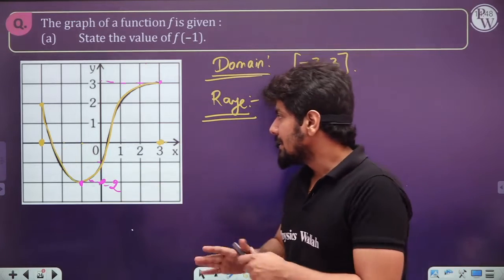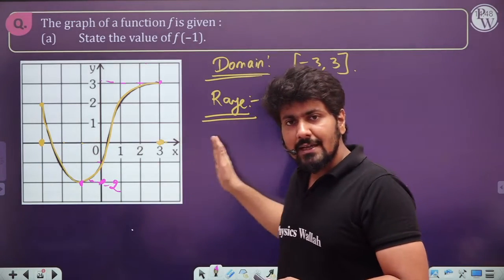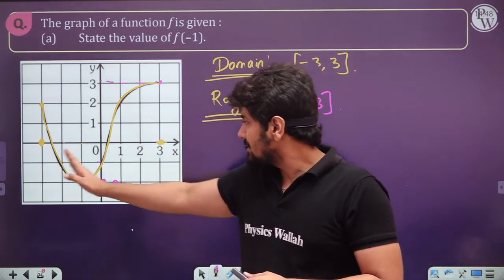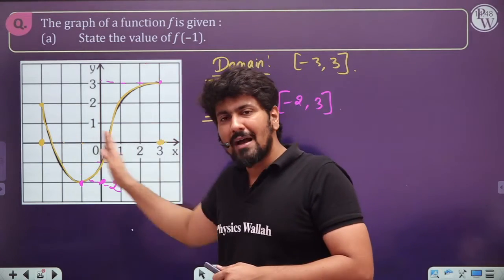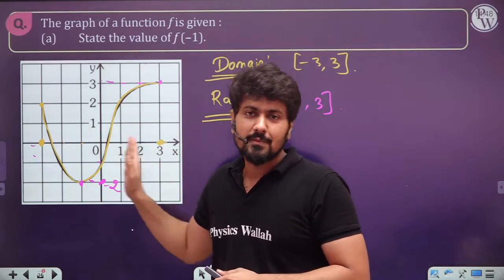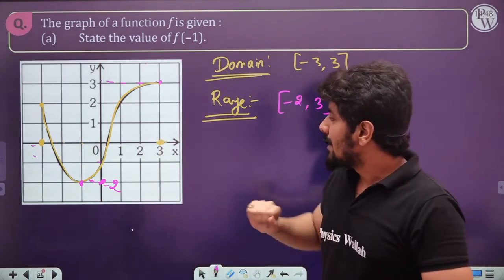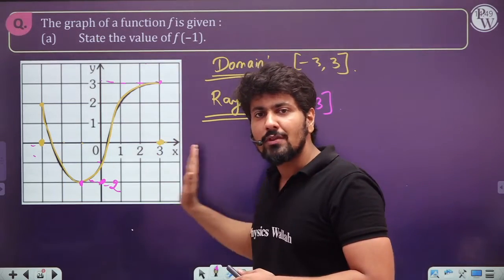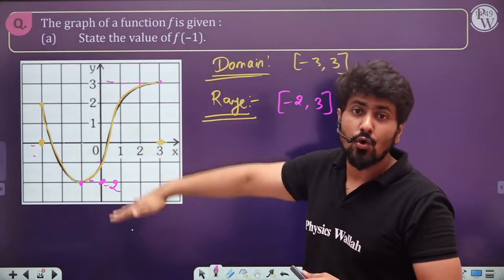That the domain is the x coordinate, the x-axis covered by the graph. The leftmost x coordinate is -3, the rightmost is +3, -3 to 3. These are the values of x. These are the inputs, right? So this is the domain. Range is the outputs. Okay, so the domain you see on the x-axis and you see the range on the y-axis.